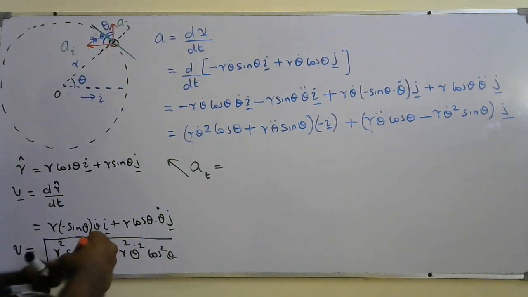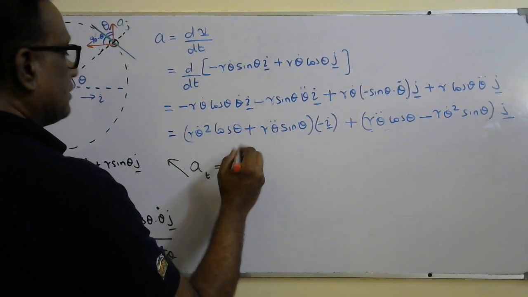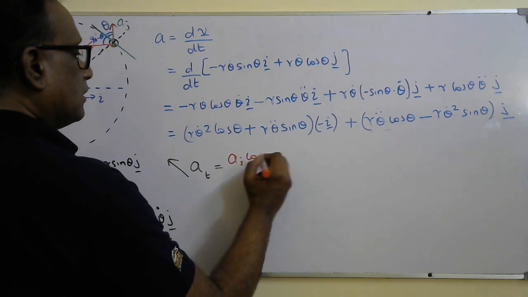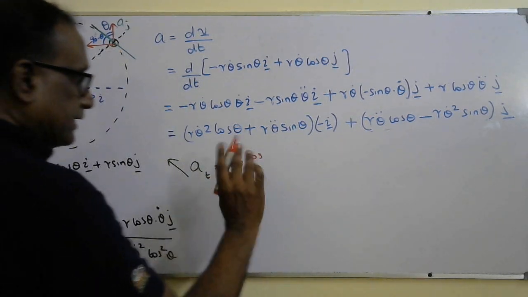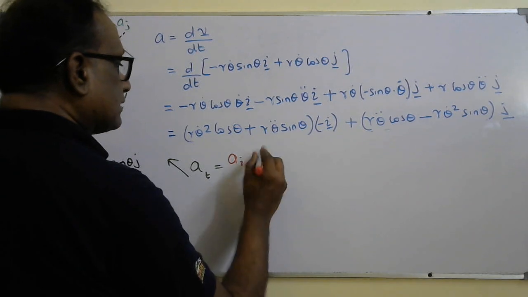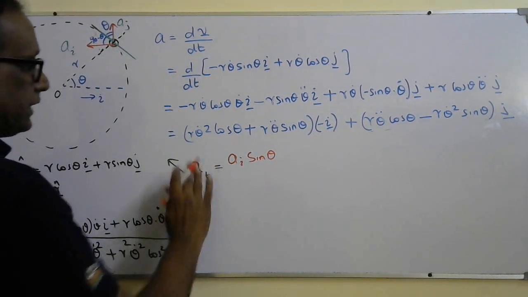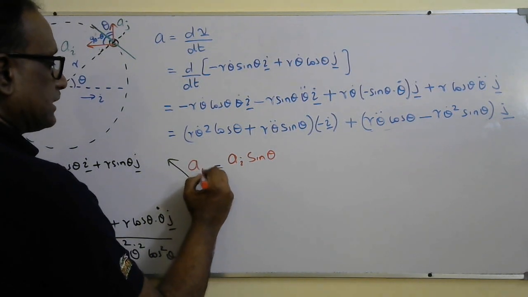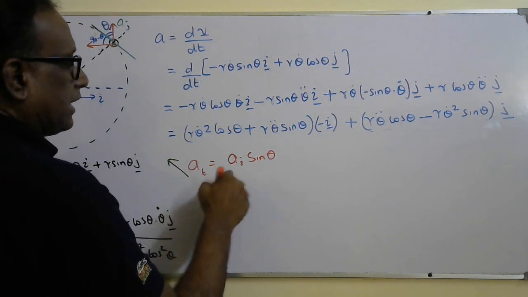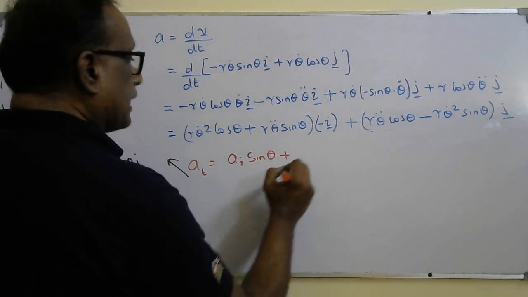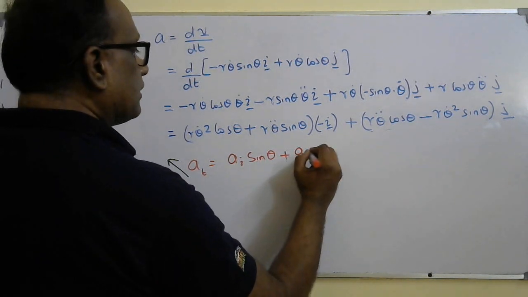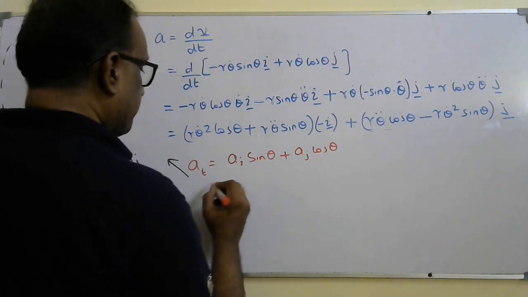So that is going to be a_i cos(90 minus theta), which I write as sin theta, along the tangent. a_T stands for acceleration along the tangent. It is a_i sin theta plus a_j cos theta.